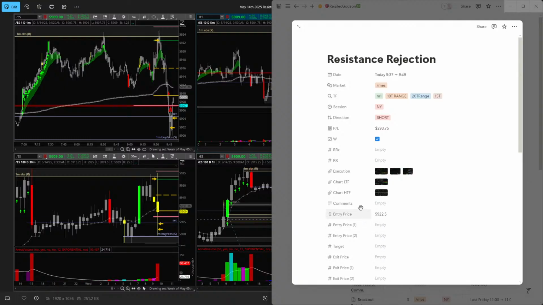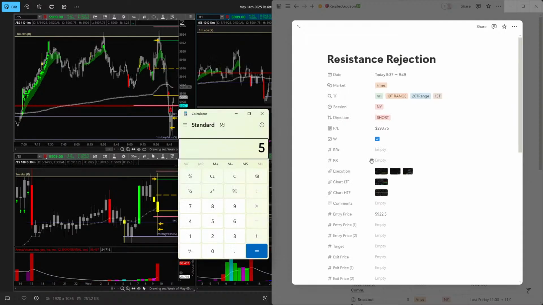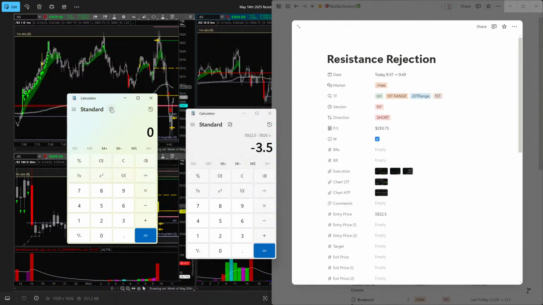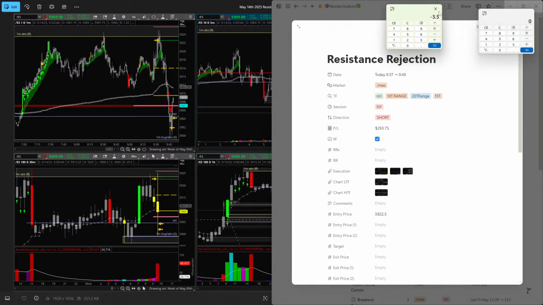Entry is 5922.5, so 5926 minus 5922.5, about 3.5 points. 3.5 points is what I was risking, right? 3.55.